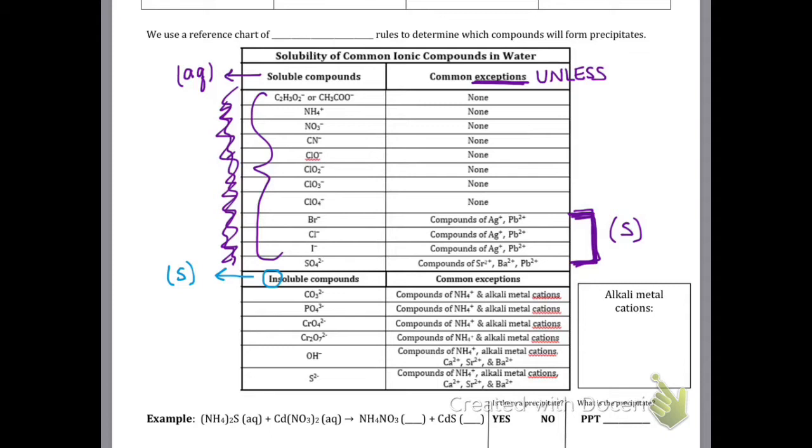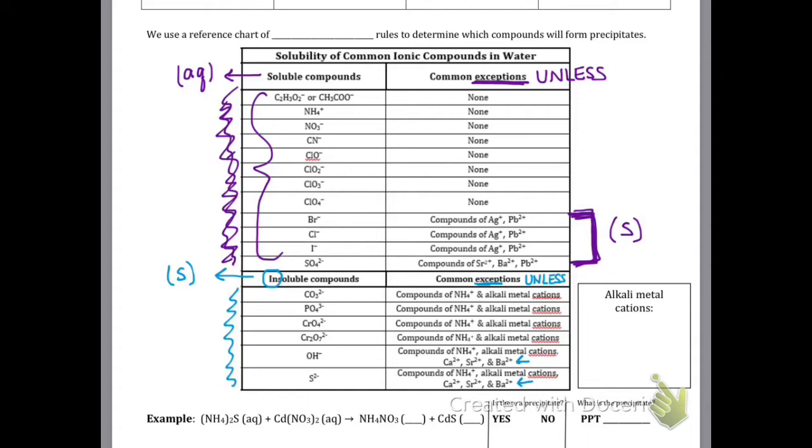Okay, so all of these substances here will create a solid, except, so it does have exceptions here. So you're thinking unless it's attached to one of these things over here, okay? NH4 is ammonium. Okay, and then you have these exceptions down here, and alkali metal cations.